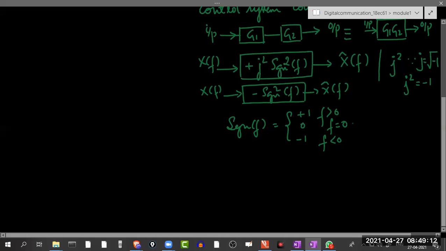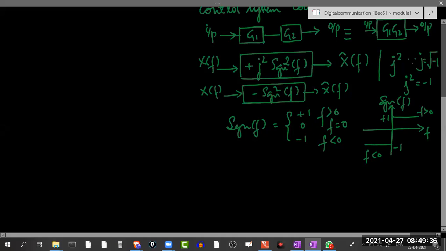So this is the signum function, graphically +1 for f greater than 0 and -1 for f lesser than 0.